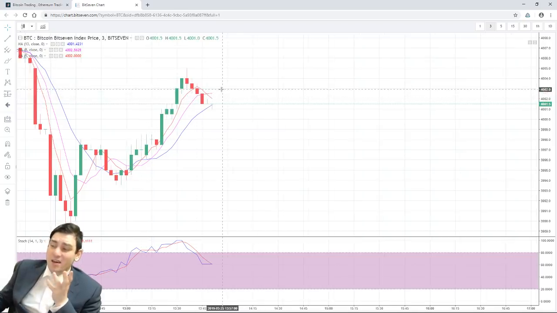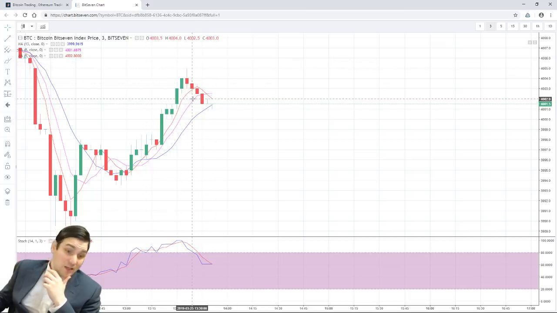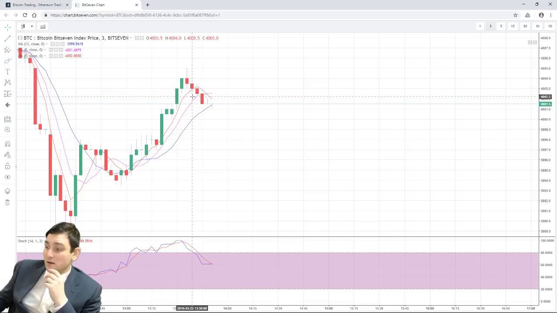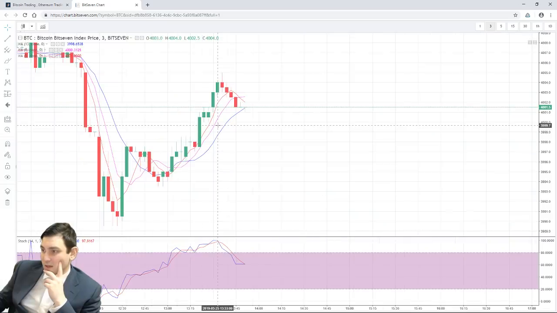So I try to predict the reversal of the trend by patterns on Japanese candles. And so we see an interesting thing, that this may be going to go up again.